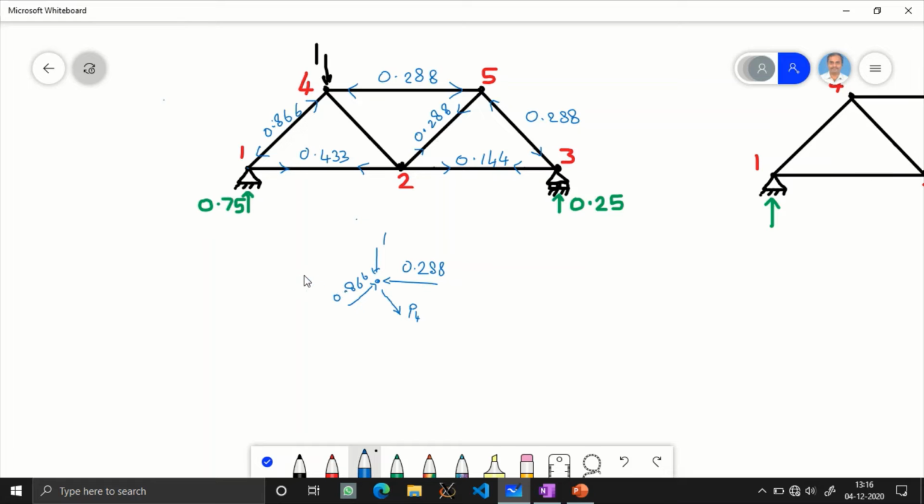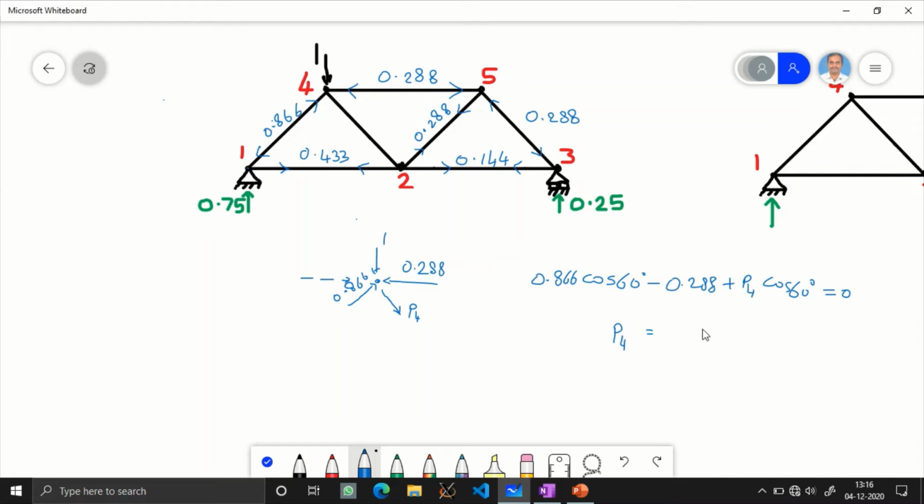So the horizontal component of 0.866 is towards right, and its value will be 0.866 cos theta. Theta is 60 degree in this particular problem, and this 0.288 is already horizontal. It is acting towards left, so I will consider minus sign for that. Minus 0.288, and this P4 will have a horizontal component acting towards the right, so it will be plus P4 cos 60 degree, and the sum of all these forces must be equal to 0 for joint equilibrium.